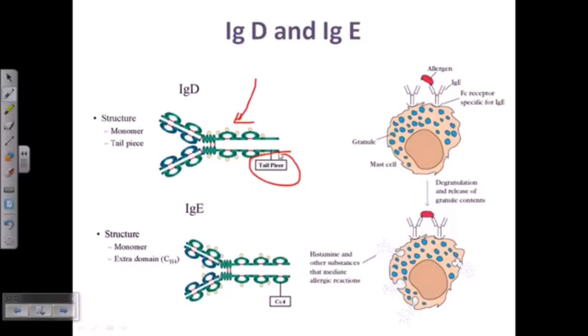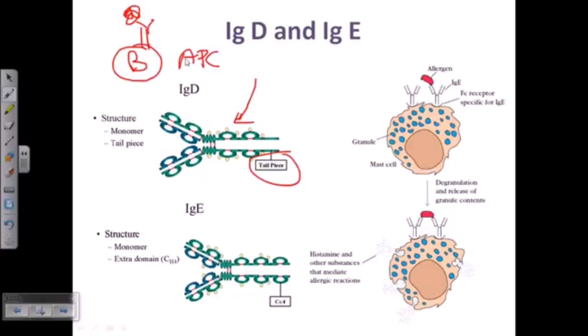Okay, IgD is primarily found on the B cell surfaces, where it functions as a receptor for antigen, because we know that B cells can also act as antigen presenting cells, or APCs. So it must have something to recognize antigen, to hold on to antigen and process it.